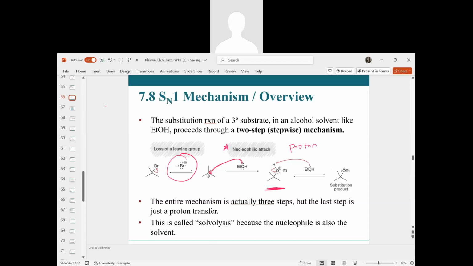So there's actually a third step here that is included in the second step of the two-step mechanism. That's why we generally just say we have two steps, because the proton transfer is part of this nucleophilic attack, and it's more like a workup step to get our final product. We call these specifically solvolysis reactions because our nucleophile is also the solvent, which is what we see with our ethanol here.